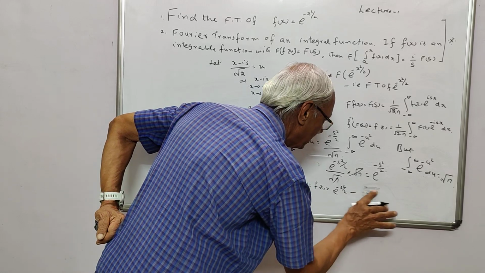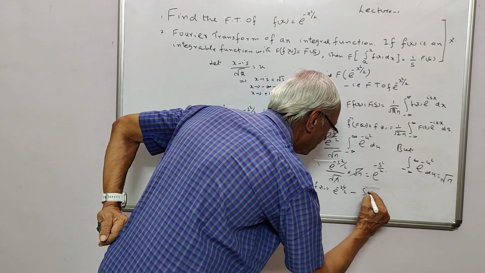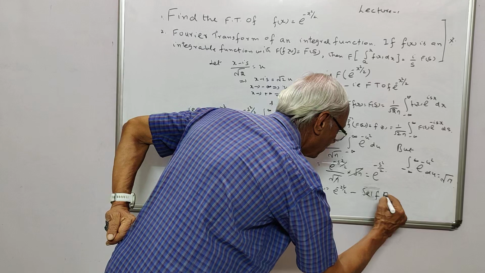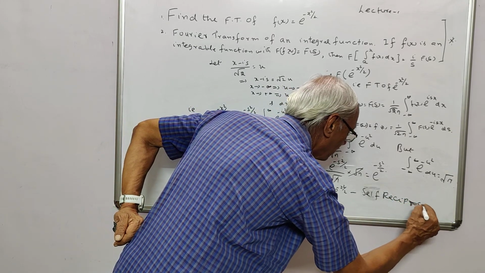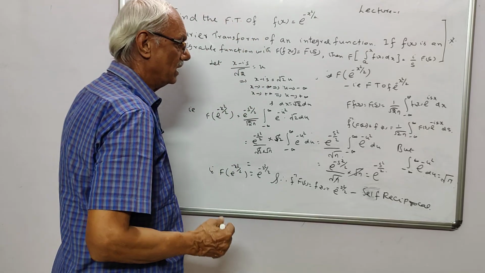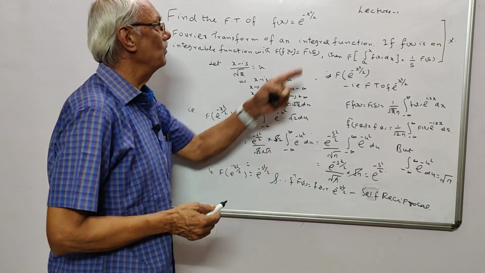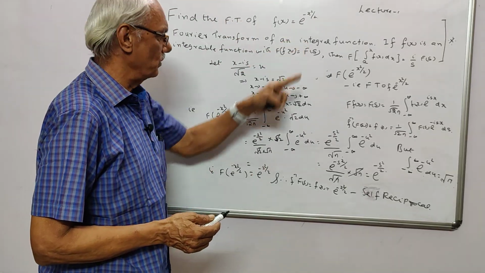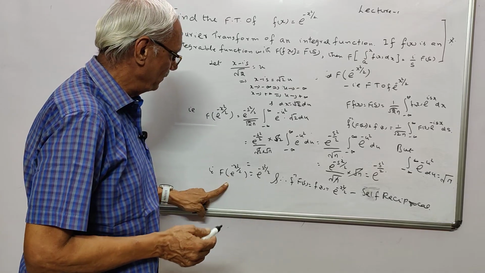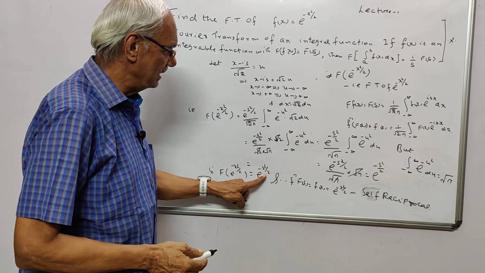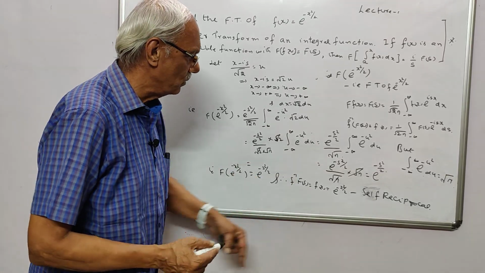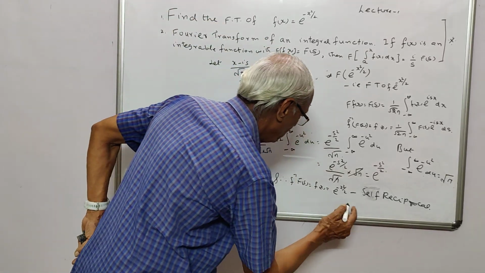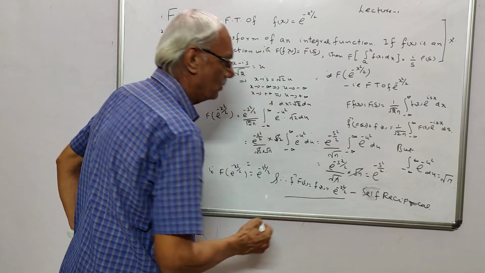They are self-reciprocal. The Fourier transform of this is nothing but self-reciprocal, because if you take the Fourier transform of this, it is e to the power of minus s squared by 2, and the inverse transform of this will be equal to e to the power of minus x squared by 2. Therefore they are self-reciprocal.